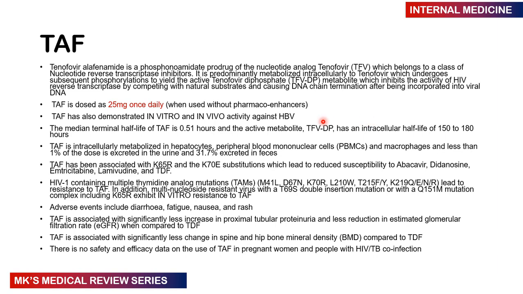And remember that it's going to be metabolized in the hepatocytes, the peripheral blood mononuclear cells, the macrophages, and to a lesser extent, less than 1% of the dose is excreted in urine, and most of it, 31.7%, is excreted in the feces.